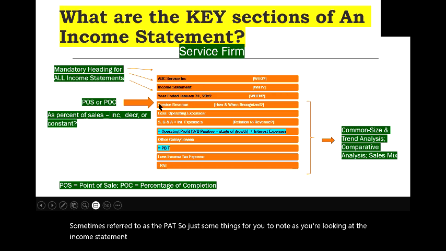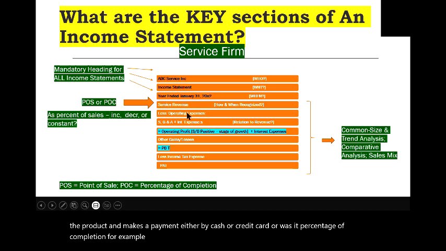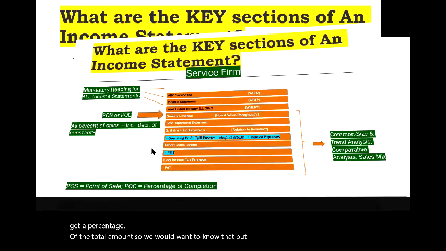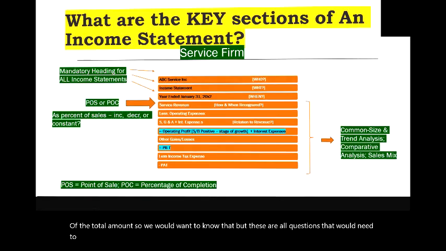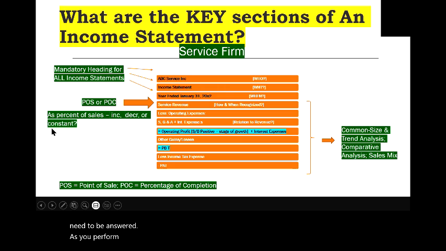How was the revenue determined? Was it at point of sale? So the customer gets the product and makes a payment either by cash or credit card, or was it percentage of completion? For example, you're a contractor, and as you perform a particular service, you will get a percentage of the total amount. So we would want to know that. But these are all questions that would need to be answered as you perform your analysis.